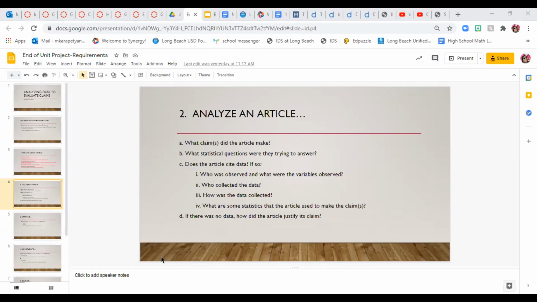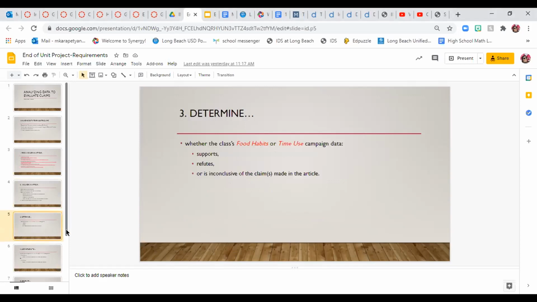After you've read and analyzed your article, you are then going to determine whether the class's food habits or time use data, okay, supports, refutes, meaning like goes against, or is inconclusive of the claims that are made in the article.